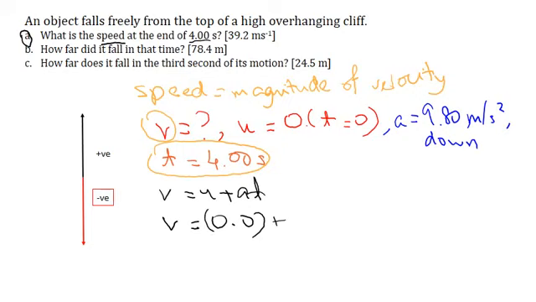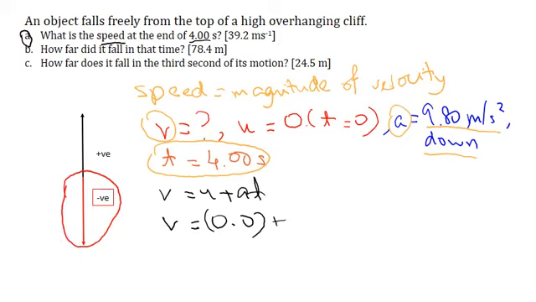Plus, now here for the value of a, I have the magnitude and the direction. Notice that a is acceleration. Acceleration is a vector quantity, so it must have a magnitude and a direction. So how do we take into account this direction down? If you look at my assumption earlier, I'm taking downwards as negative.